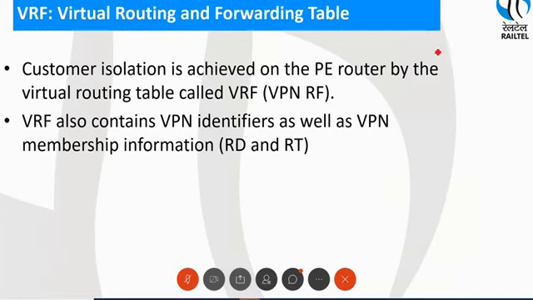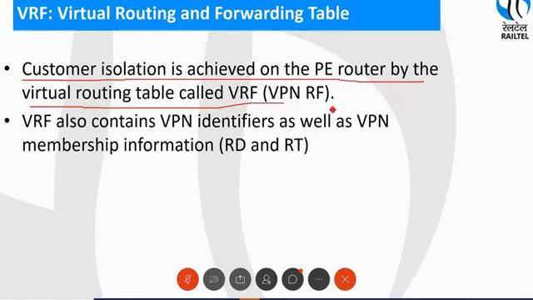We will achieve that with the help of VRF. VRF is the virtual routing and forwarding table, or the VRF instance, which is virtual routing and forwarding instance. Okay. So the customer isolation on the provider edge router is achieved by the virtual routing table called the VRF or the VPN-RF, that is virtual private network routing forwarding instance.